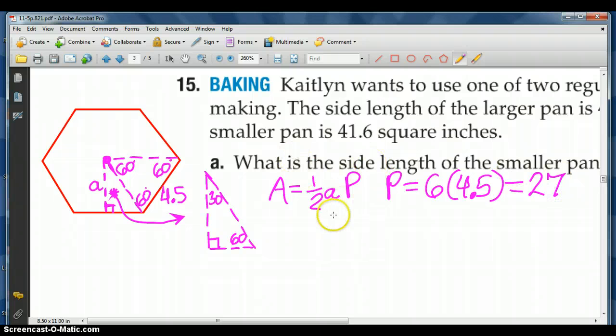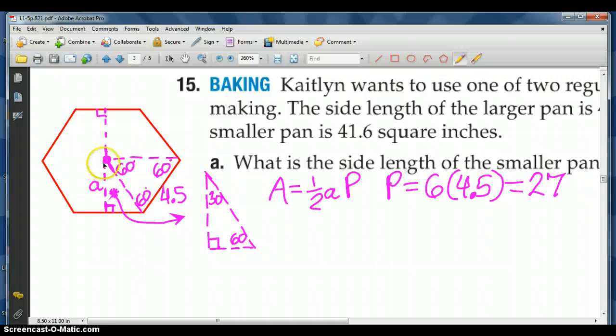But we also have to figure out what our apothem is. So what is the apothem? The apothem is the distance from the center to the edge. So that perpendicular segment there. Since a regular hexagon can be split into equilateral triangles, then it's fairly easy to find the apothem for a regular hexagon, because if we split our equilateral triangle in half, we get a 30, 60, 90.